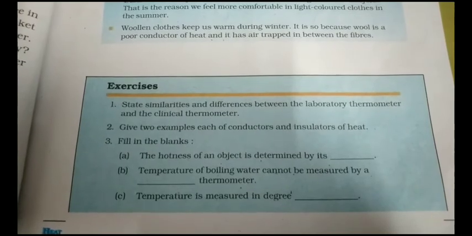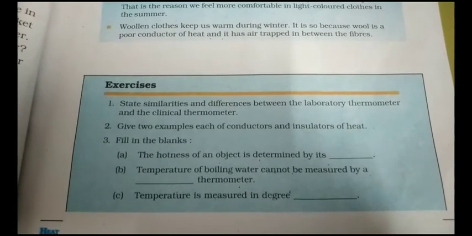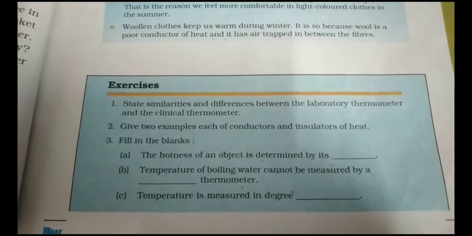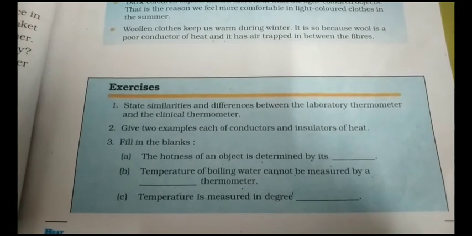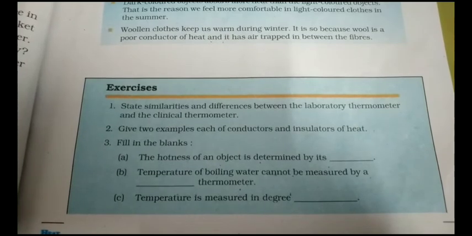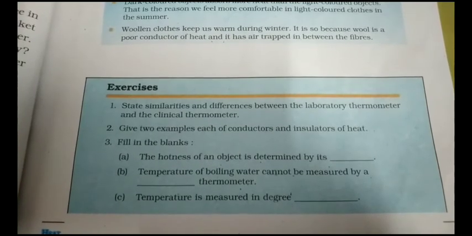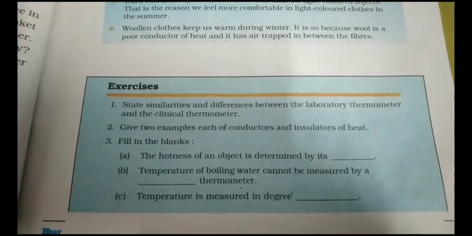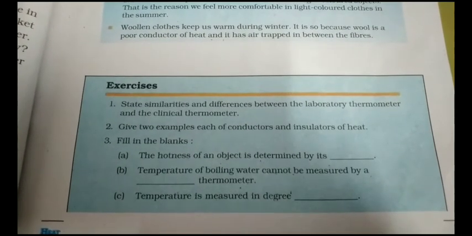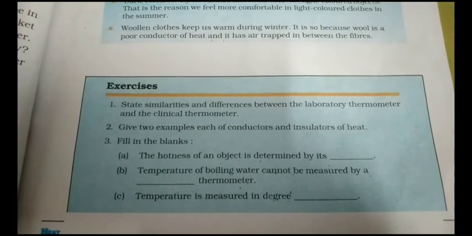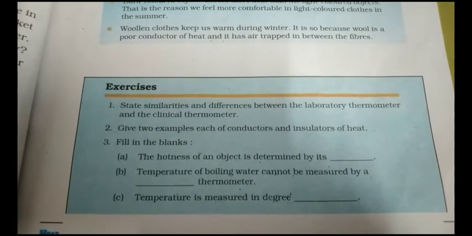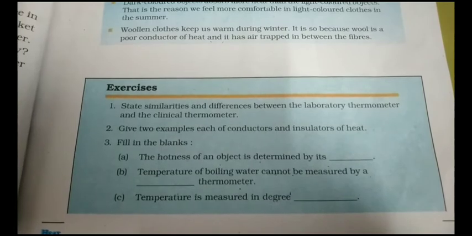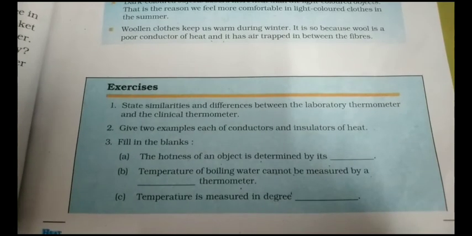Question number 2. Give 2 examples each of conductors and insulators of heat. Conductors: iron, copper. Insulators: plastics and wood. Fill in the blanks. The hotness of an object is determined by its temperature. Temperature of boiling water cannot be measured by a clinical thermometer.